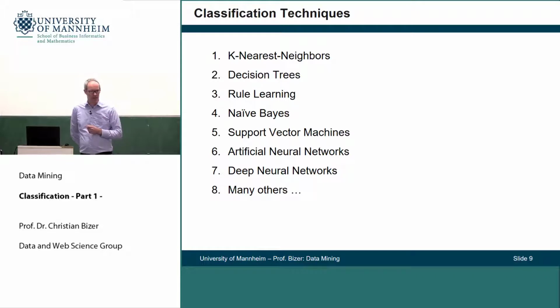So most of the traditional techniques are just about predicting from given attributes, from given features. With these newer, deeper architectures, both steps of the process, the feature engineering as well as the prediction, are covered by a single model. There are also many other classification techniques. This is the selection of techniques that we will, to a certain extent, cover here in the lecture.